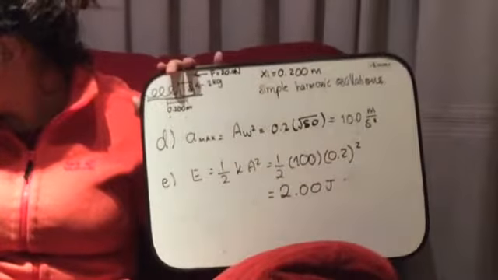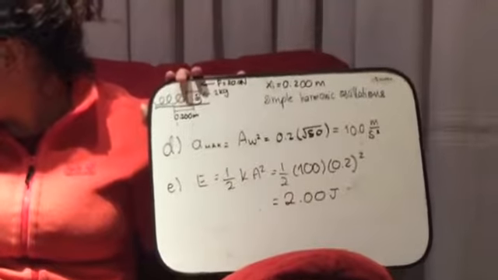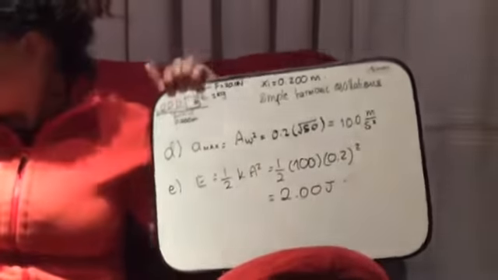Letter F asks the speed and G the acceleration of the object when its position is equal to 1/3 of the maximum value. These are the last two parts, so we are going to do it as follows.